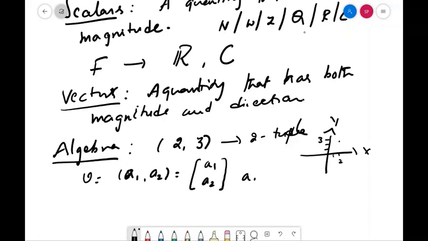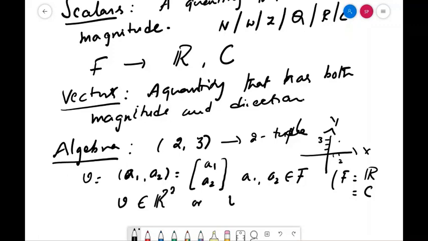That means a1, a2 belong to F. So F can be R, the field of real numbers, or it can be C also. So this v is a vector. We call it a vector in either R2 or C2.